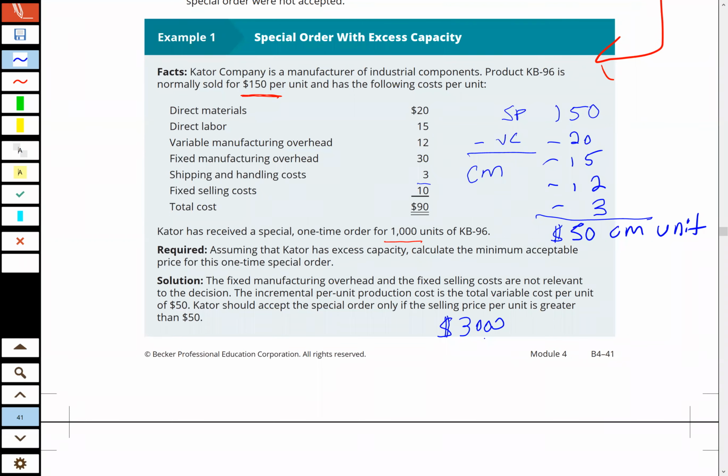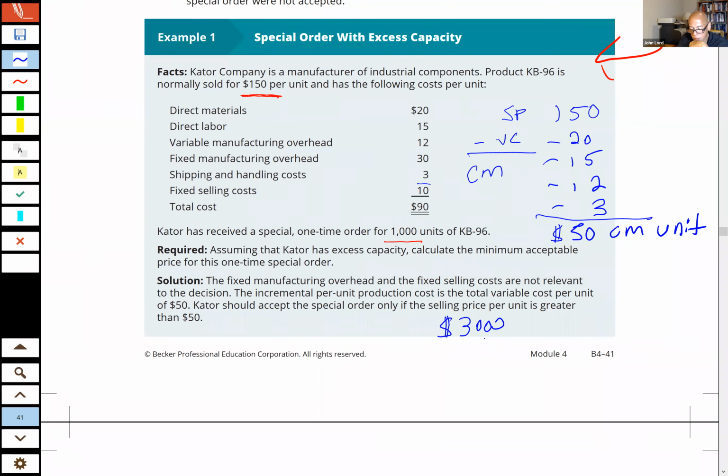Would you add the 3,000 to the fixed cost and do the calculation again? No, we didn't really use the fixed cost here. Well, if I want $3,000 profit, you'd work backward. What does that mean? I'm not sure what that means.